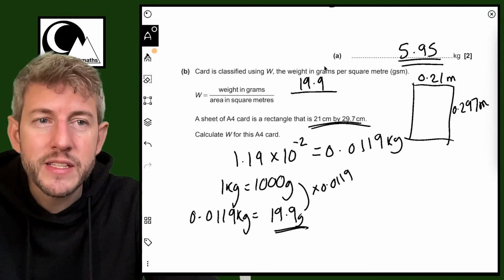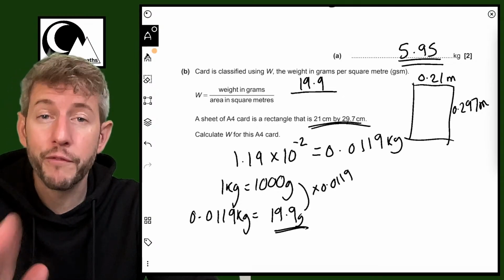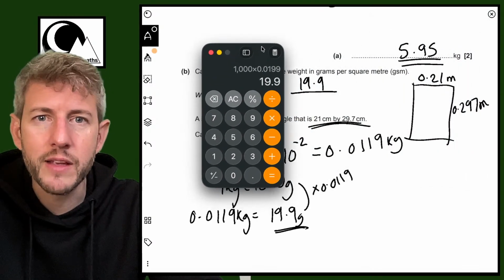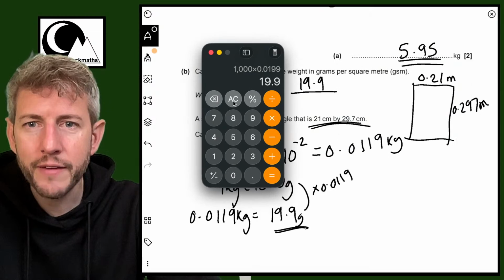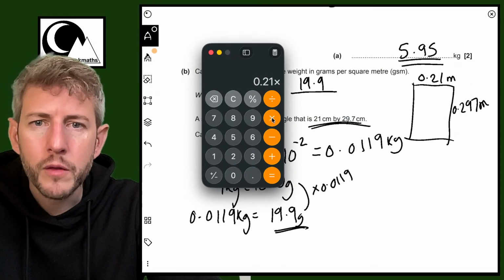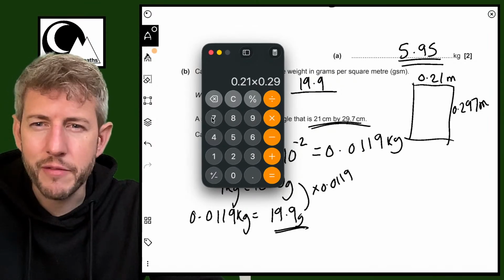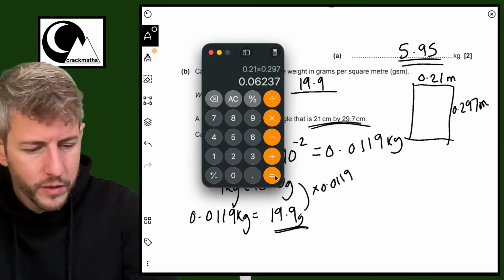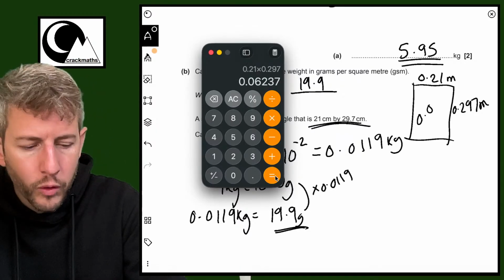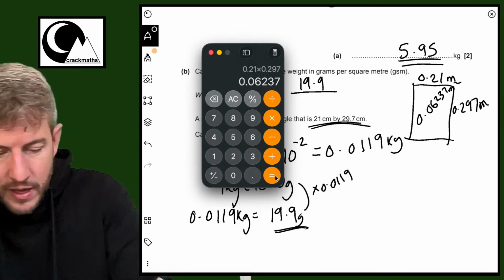So there we go. And then if we multiply those together, we're going to find the area of this sheet of paper in square meters. Okay, because this is a rectangle, length times width. So here we go, 0.21 multiplied by 0.297. So this is 0.06237 meters squared, and I'll put that on the bottom here.